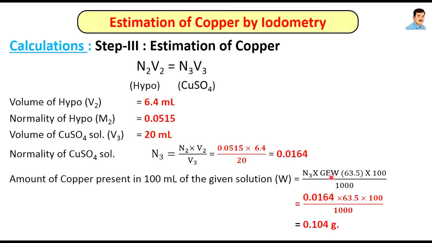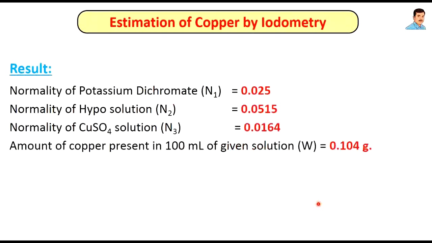Gram equivalent weight of copper is 63.5, a fixed value, and finally we get the weight of the copper as 0.104 grams. This is how we determine the amount of copper present in the given sample solution, that is copper sulfate solution.